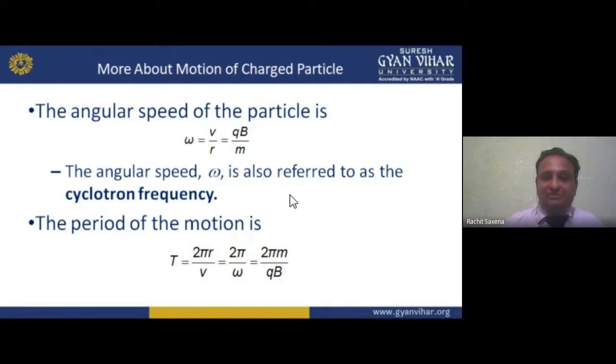Cyclotron frequency. The period of the motion is given by this equation. T denotes the time, r is again the radius, v is the velocity, so we can write 2 pi r by v, because to cover the whole circular form we have 2 pi r.